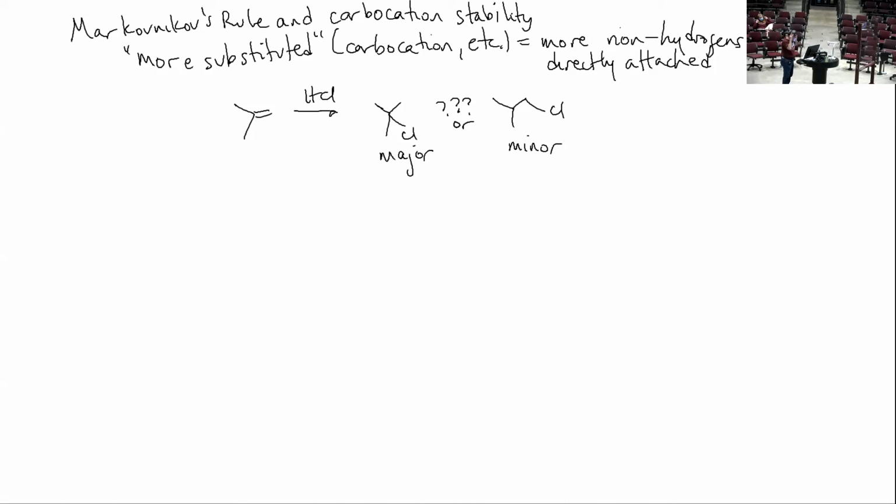And that's something that we understand, because we've gone over carbocation stability. We understand that, other things being equal, more substituted carbocations are more stable than less substituted carbocations, for example.